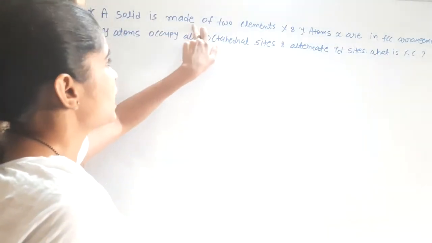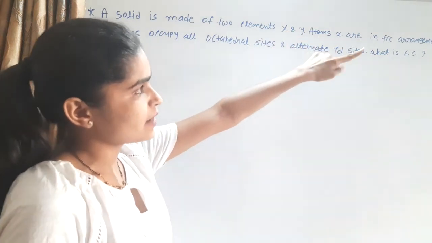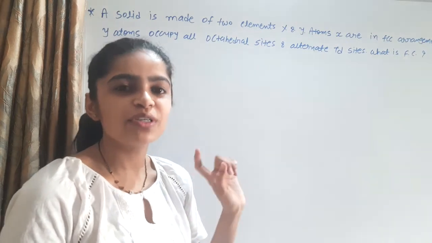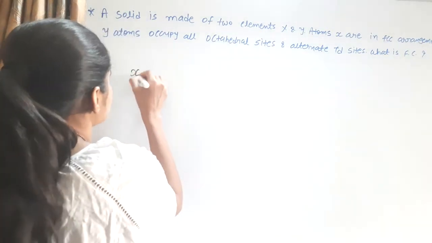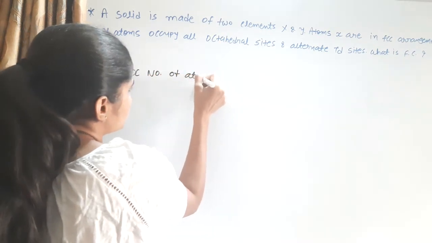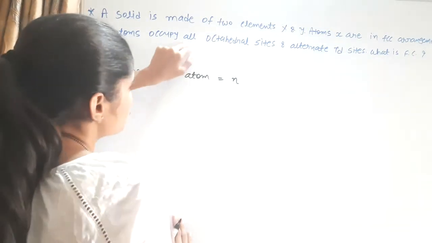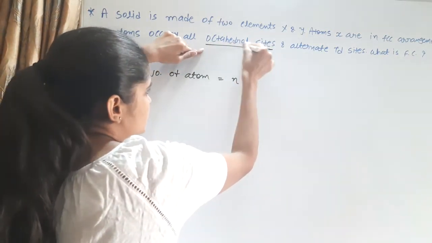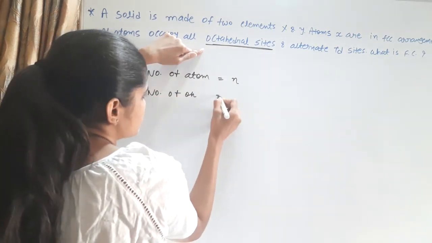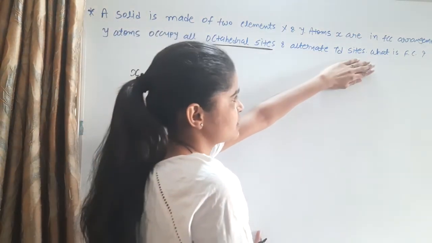A solid is made of two elements X and Y. Atoms X are in FCC arrangement, that means its number of atoms per unit cell is equal to n. Then Y atoms occupy all octahedral sites, so the number of octahedral sites is equal to n. And alternate tetrahedral sites.